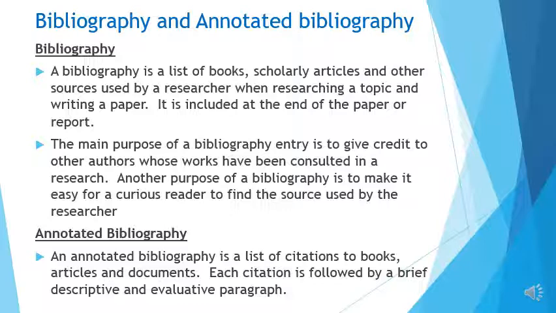The general bibliography includes the following content: the name of the author, title of the magazine or title of the article, date of publication, place of publication of the book, publishing company of the book, the volume number of the magazine or printed encyclopedia, and then the page number. All this information should be given in a bibliography.